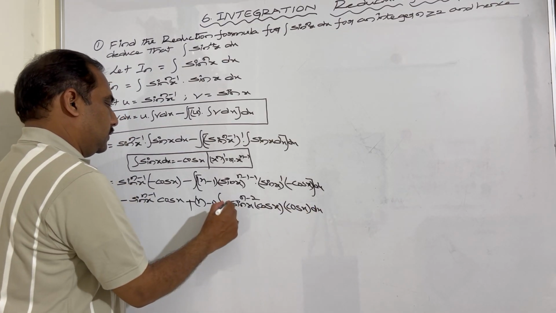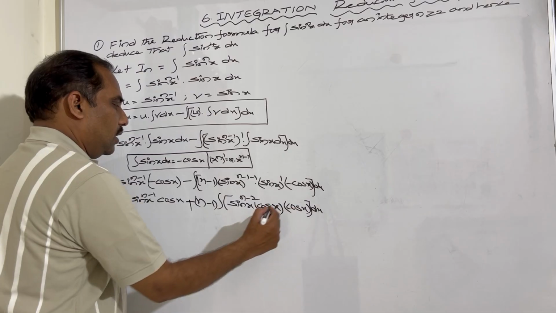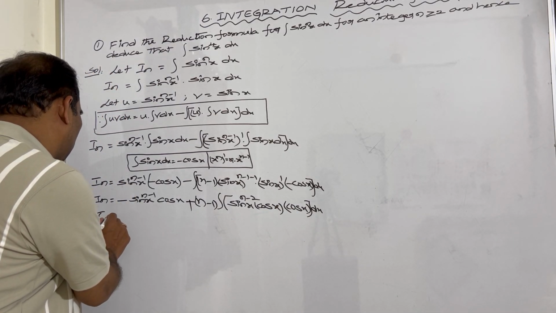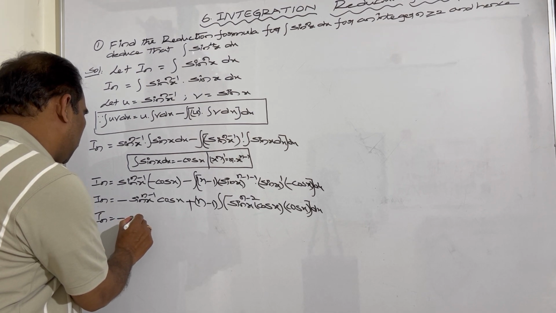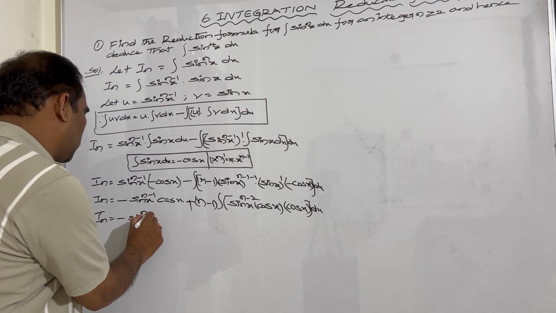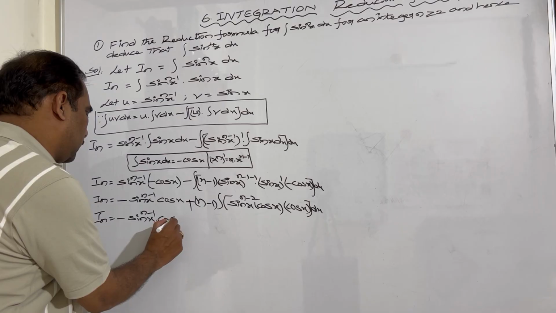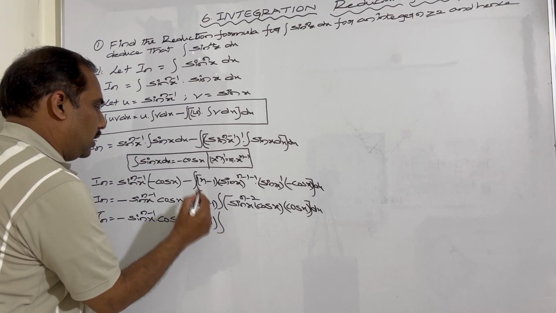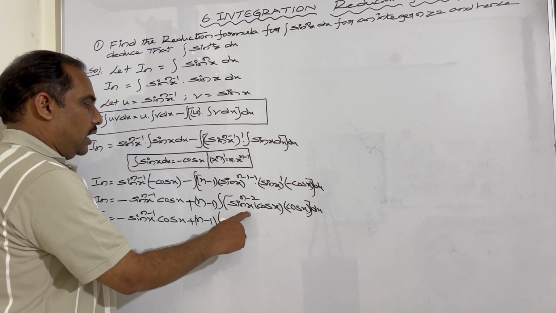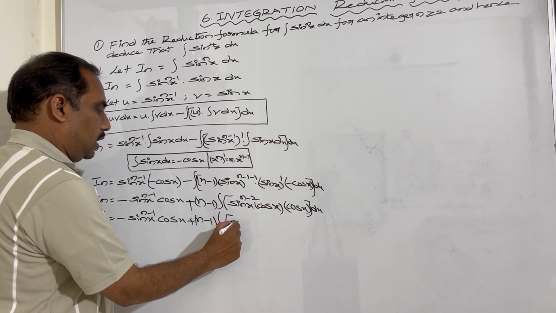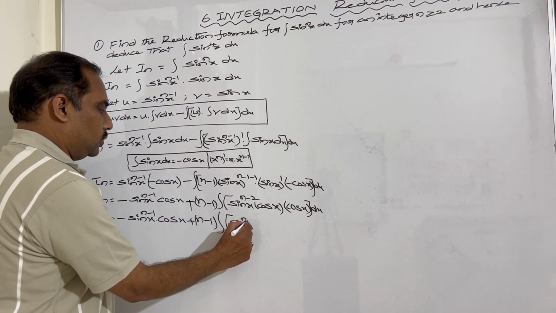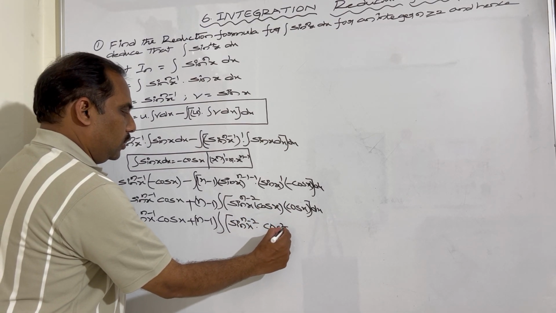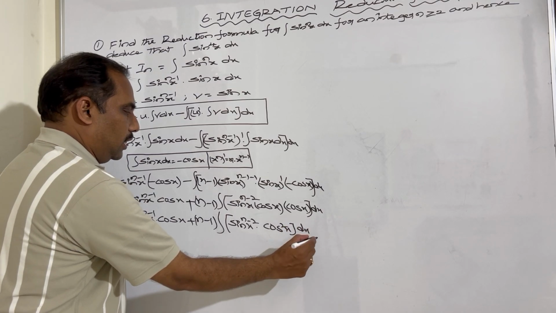So I_n is equal to minus sin x power n minus 1 into cos x plus n minus 1 into the integral of sin x power n minus 2 into cos square x dx.